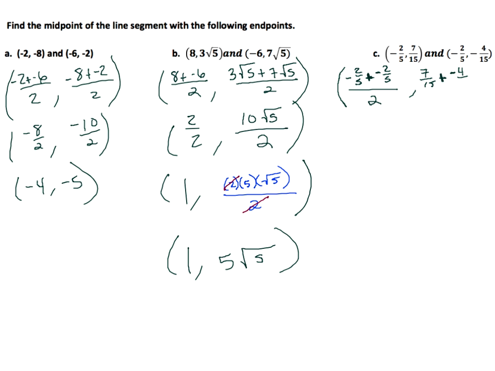Plus negative 4/15 over 2. All right, negative 2/5 plus negative 2/5 is negative 4/5 divided by 2. And 7/15 plus negative 4/15 is 3/15, and that's being divided by 2.